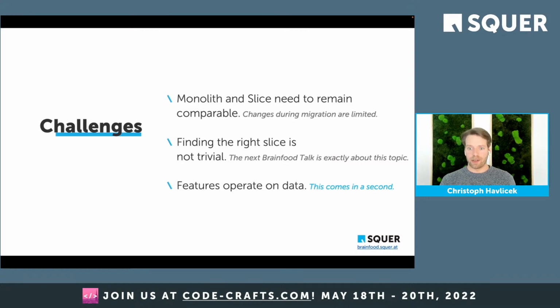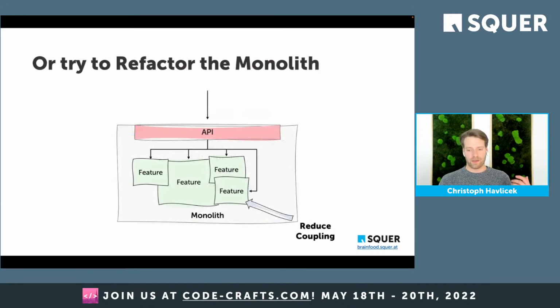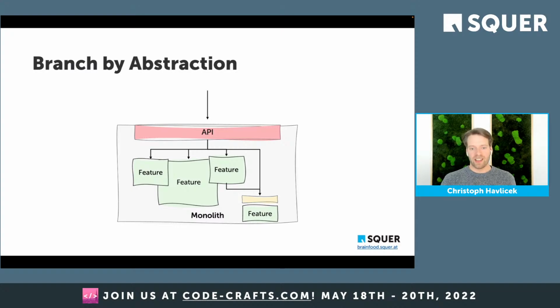So I want to quickly give you an alternative. If you say, okay, Strangler Fig sounds too oversized for me because I have to re-implement so much stuff, an alternative, of course, is to refactor the monolith. One typical way is using the pattern branch by abstraction. This is not something that those of you with experience in refactoring will be surprised by.